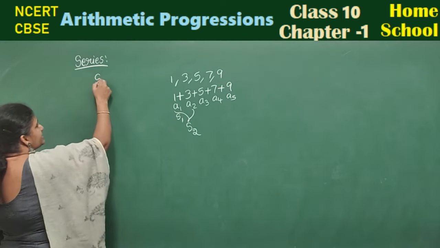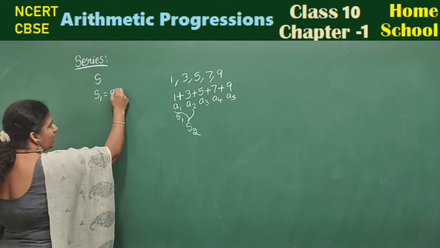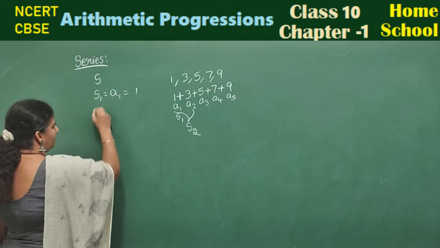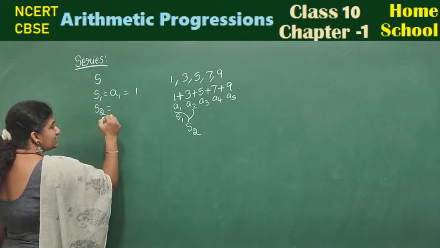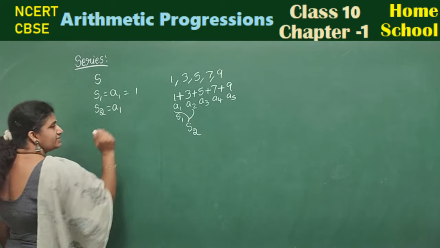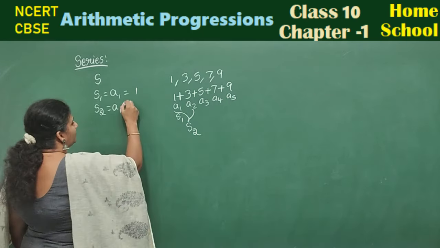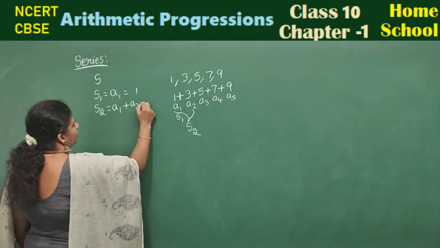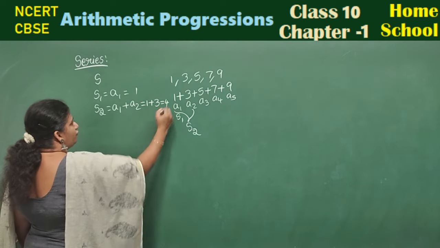So look here, series is represented by the letter S. S1 is nothing but A1, that is 1. S2 is nothing but the sum of 2 terms, starting from the first term and second term. A1 plus A2 is equal to 1 plus 3, that will be 4.